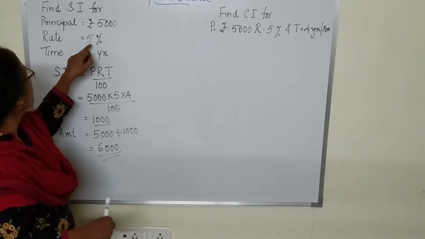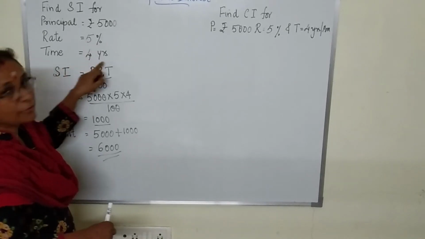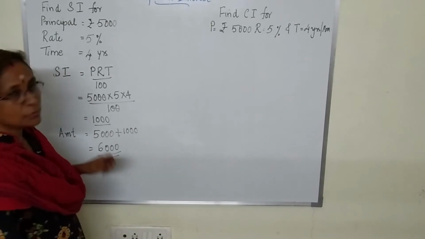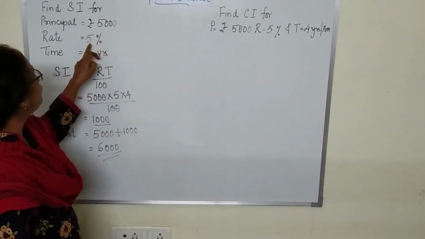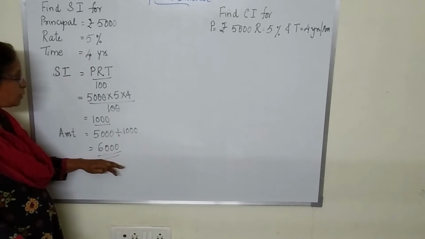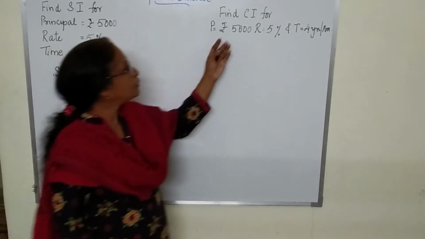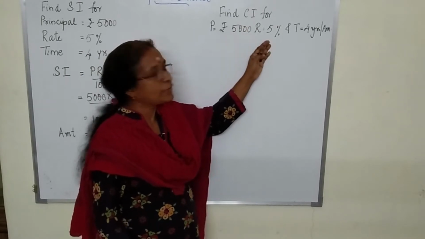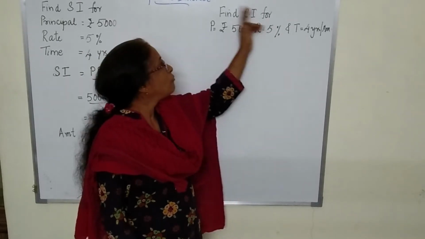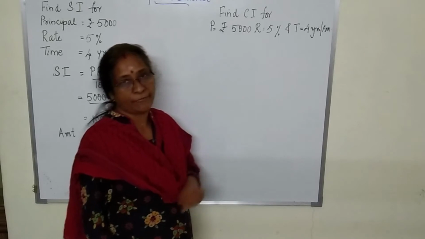Okay, after how many years? After 4 years. If you take 5,000 rupees at the rate of 5%, after 4 years you have to pay 6,000 rupees. Now the same amount, if you take at the same rate of interest for the same time for compound interest, what is the difference?